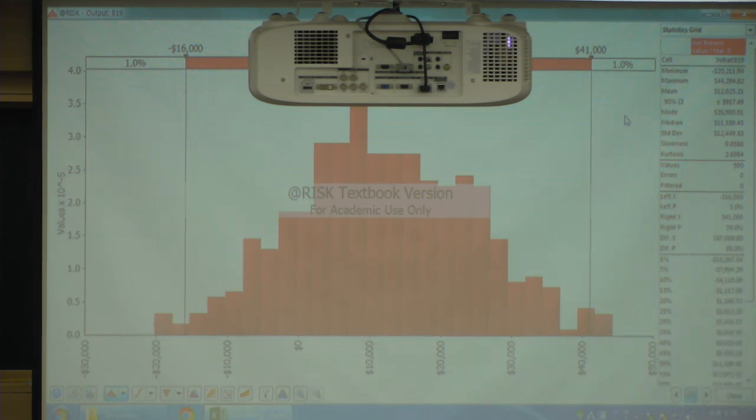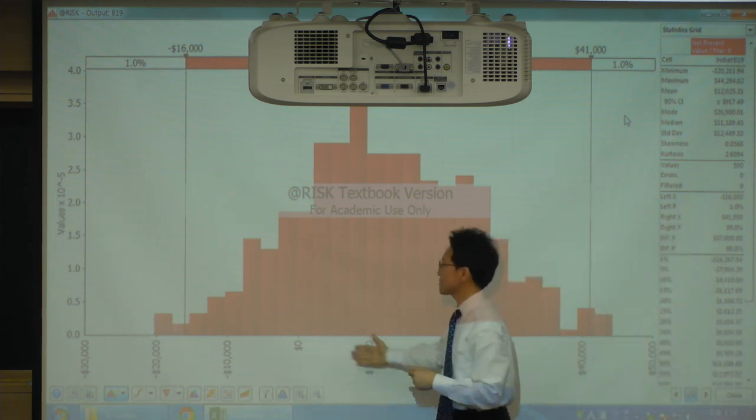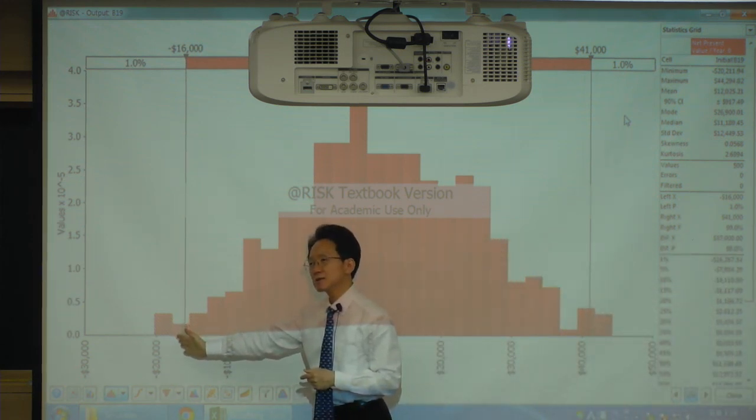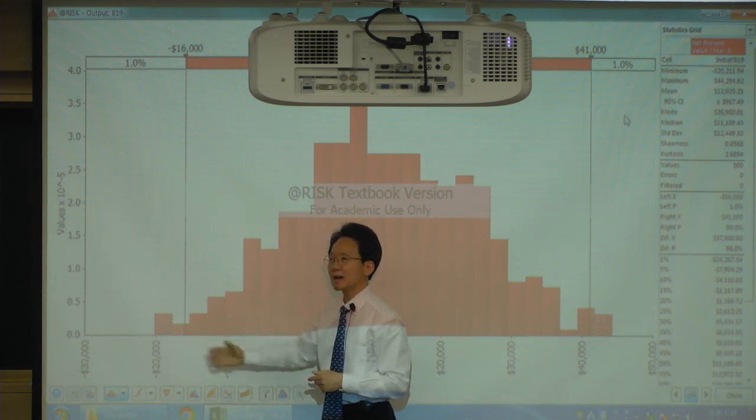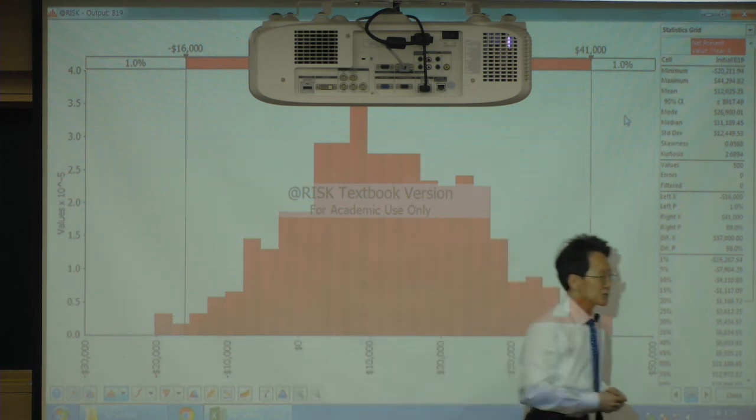And the big difference is that in our base case, net present value was a positive number, but now we can see that it might happen that the net present value is negative. So that implies a lot for the decision maker.